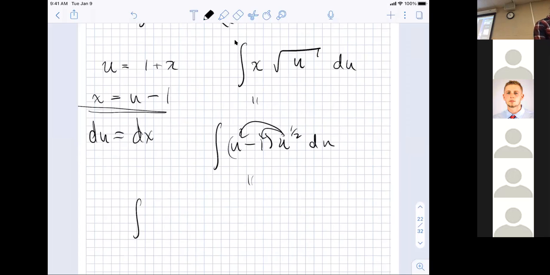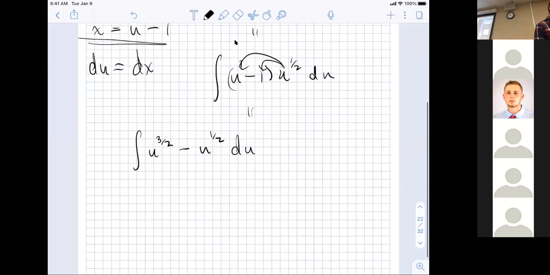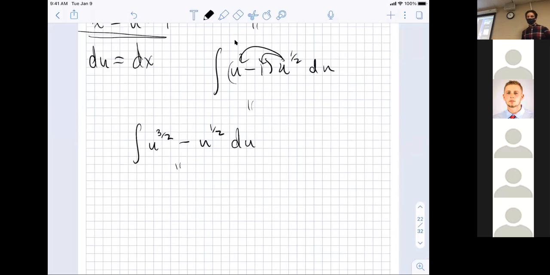This is the integral of u to the 1 times u to the 1/2, that's u to the 3/2, minus 1 times u to the 1/2, that's just u to the 1/2, du. And so what do I get from this? What's the integral of u to the 3/2? U to the 5/2 over 5/2.